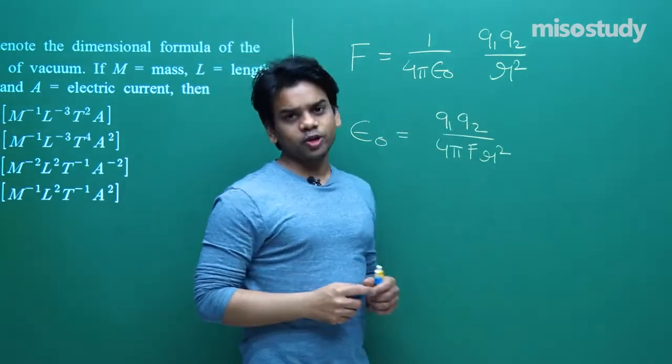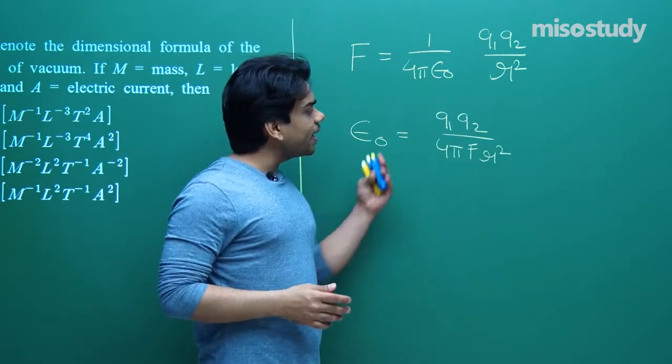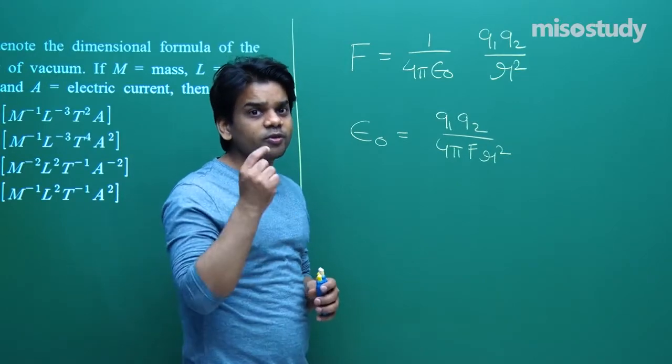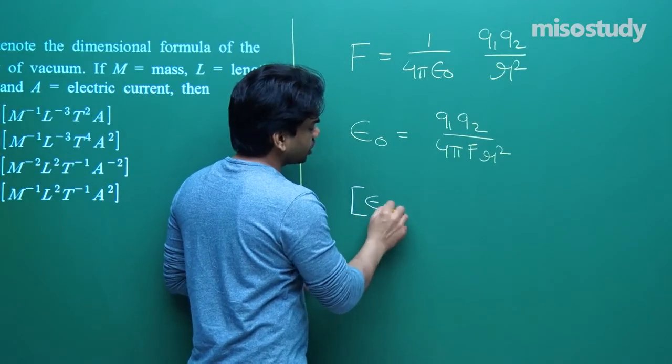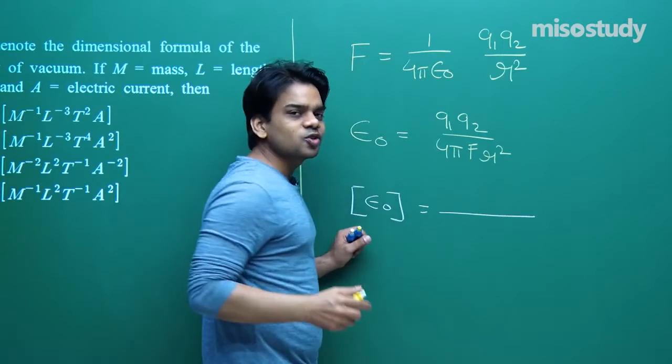Q1 and Q2 that I have used are actually the charge. You just supply the dimensional formula for each of the variables used here. So if I need to find the dimensional formula for epsilon naught, this will be charge. Charge is equal to current into time.